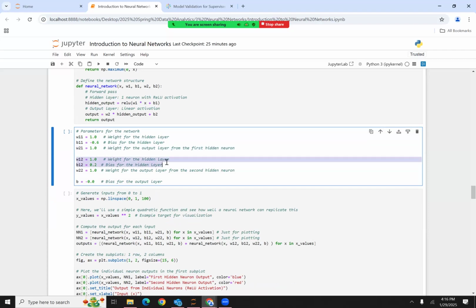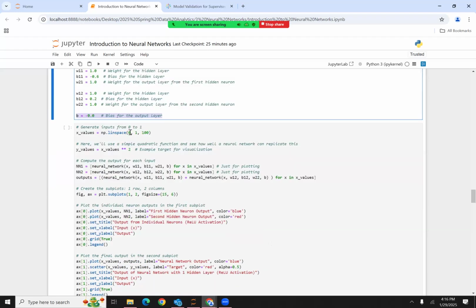Some weights going into the second hidden neuron, and a weight coming into the output layer from the second hidden neuron, and a bias for the output layer. With these weights and biases, let's see what happens when I feed a specified value of x ranging from 0 to 1.